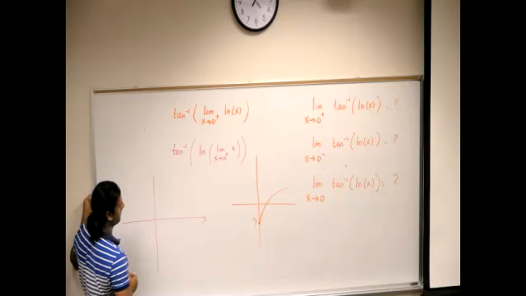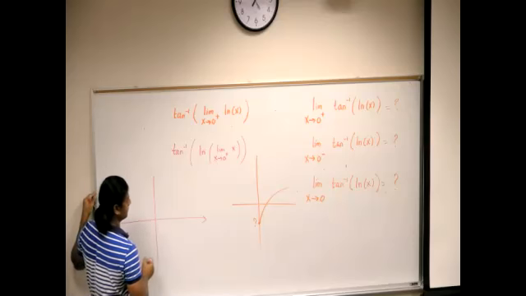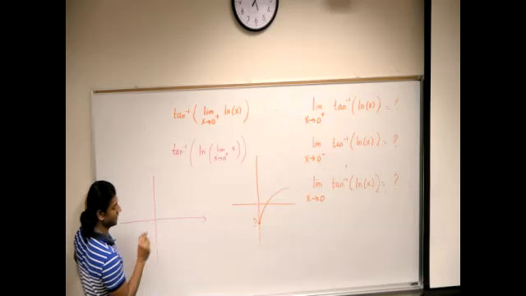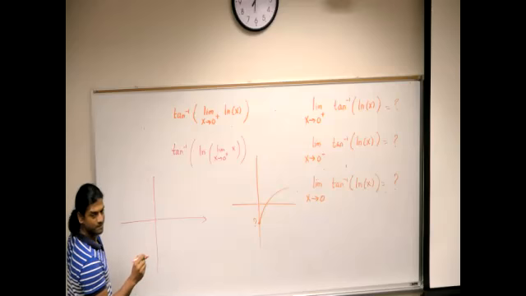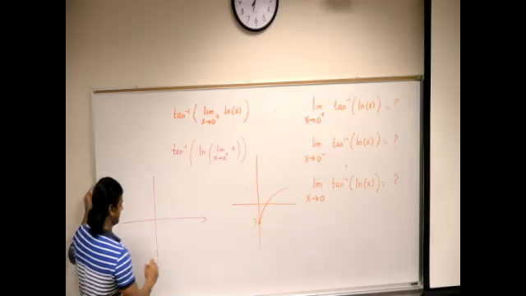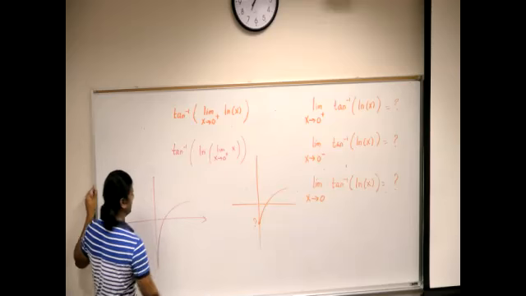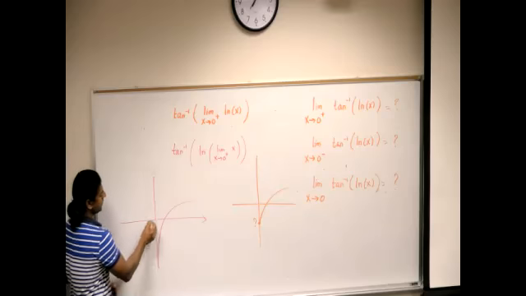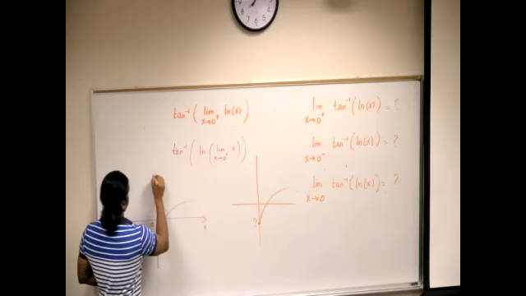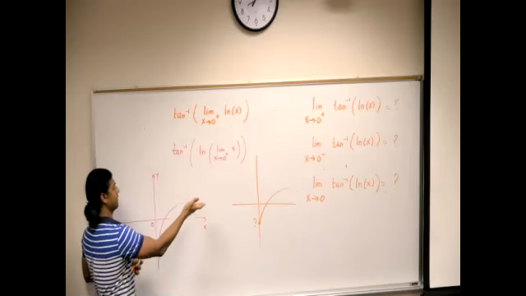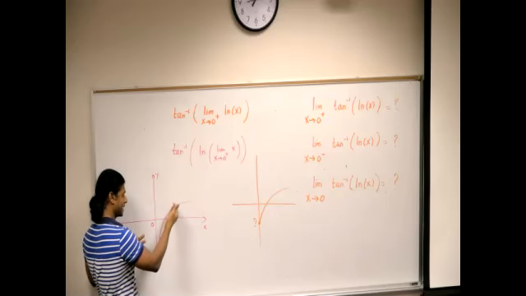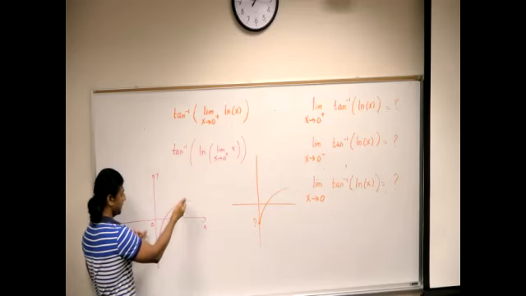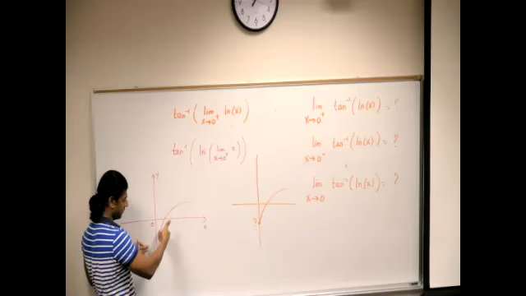What does the graph of natural logarithm look like? So 0 is right here. As you approach 0 with x from the right, what is happening to the natural logarithm function?